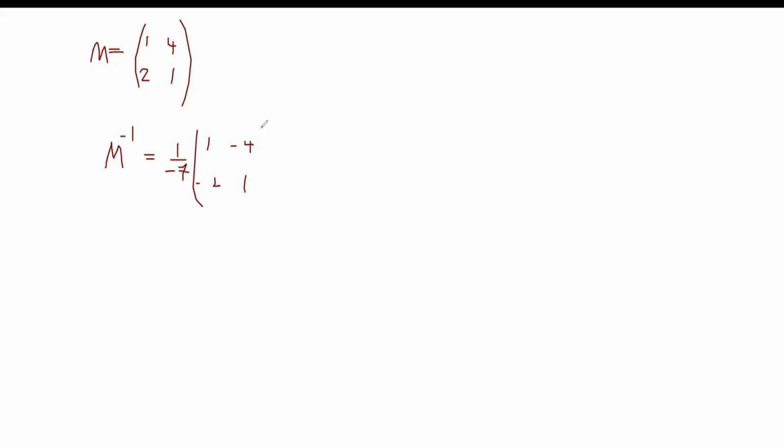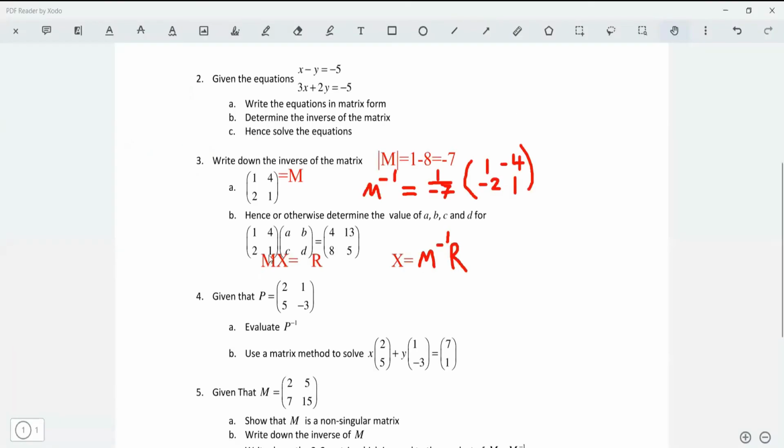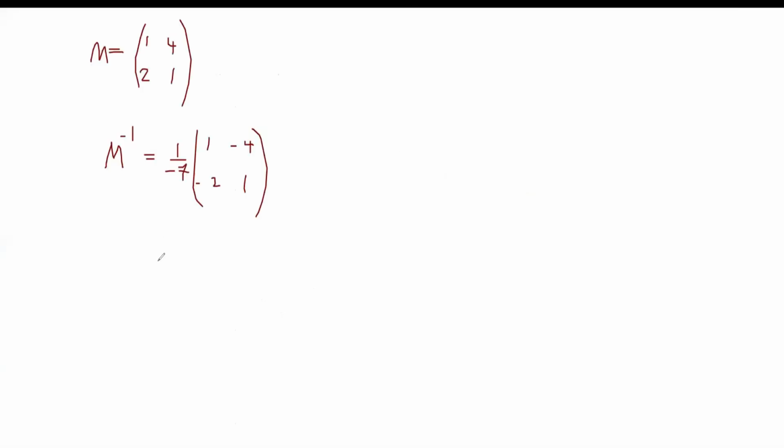All right, now let's write down the product of the matrices that we have. This was 1, 4, 2, 1, multiplied by A, B, C, D, and that is giving us a result matrix.